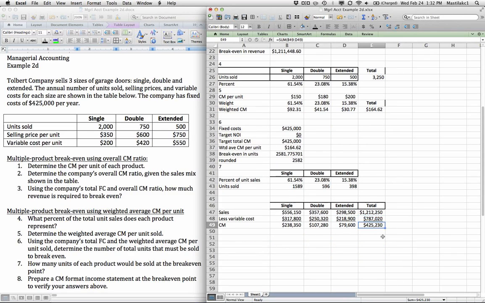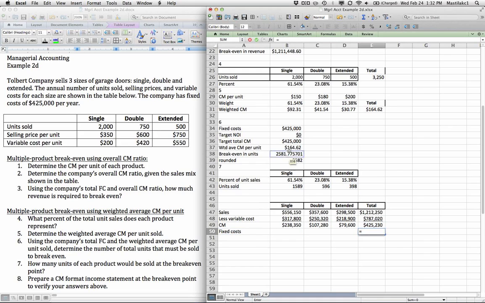All right, and so we can see that our total contribution here is, if we sell 2,582 units, or 1,589 singles, 596 doubles, 398 extendeds, total contribution margin is $425,230, which again is our $425,000 plus some rounding error.